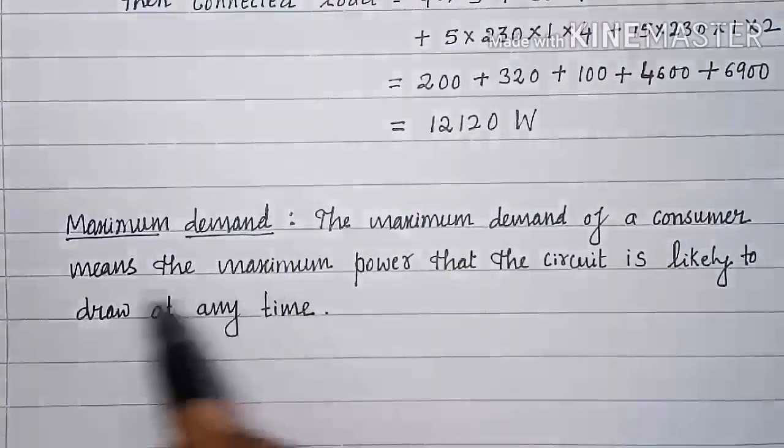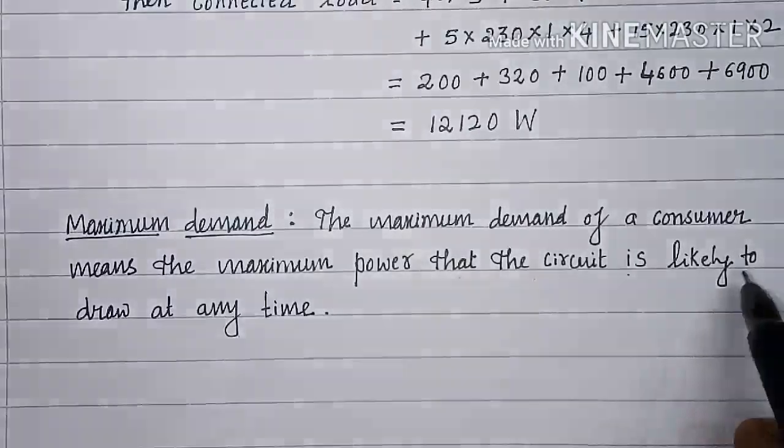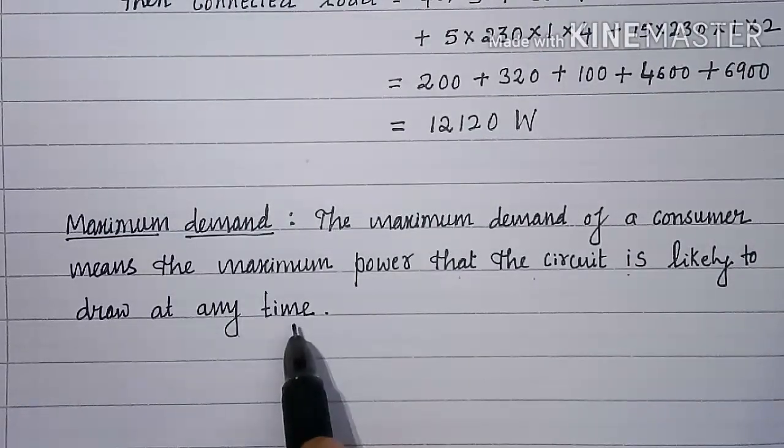So the maximum demand of a consumer means the maximum power that the circuit is likely to draw at any time.